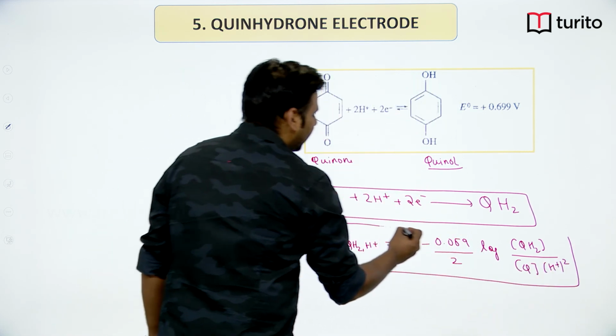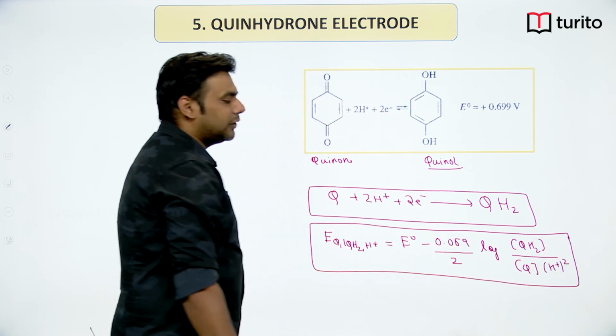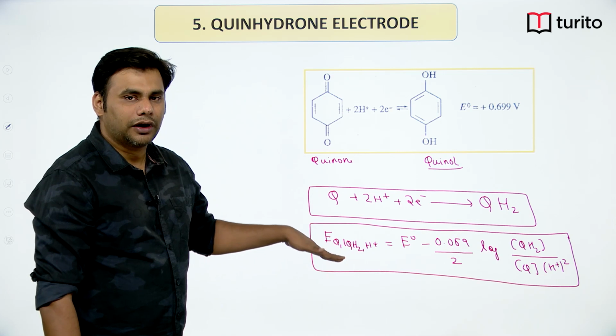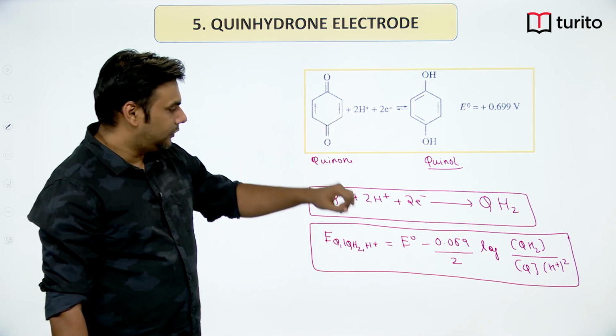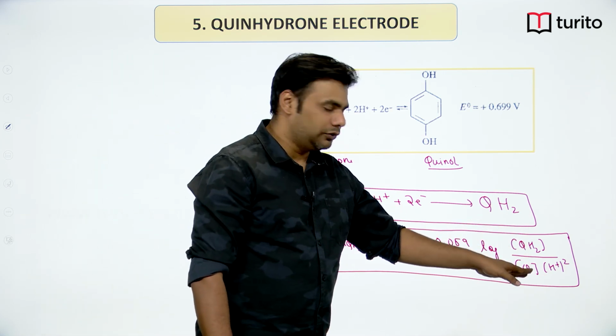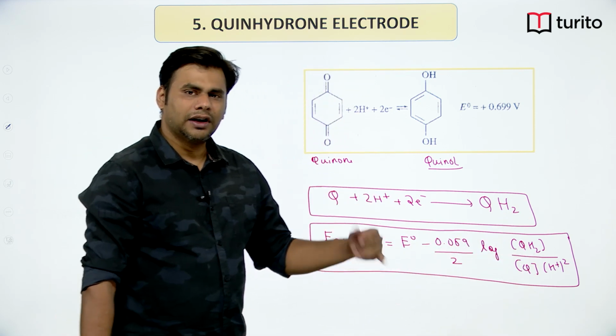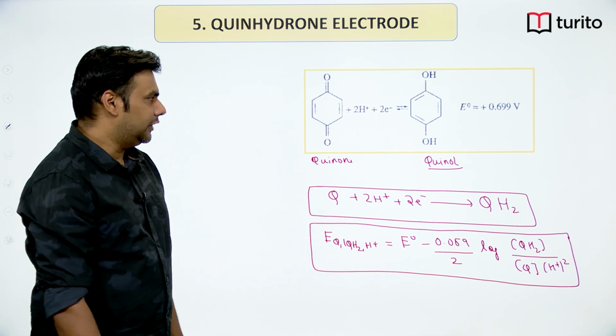Again, we can find the H plus concentration in the solution knowing the EMF of this half cell and the concentrations of QH2 and Q. From there we can calculate the pH of the solution.